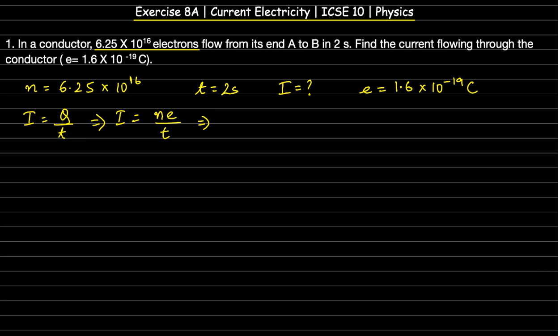So here I get I is equal to n is given as 6.25 into 10 to the power of 16 into e is given as 1.6 into 10 to the power of minus 19 divided by time, which is given as 2 seconds.